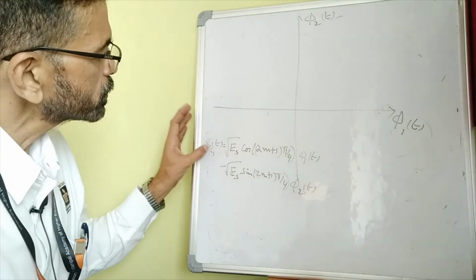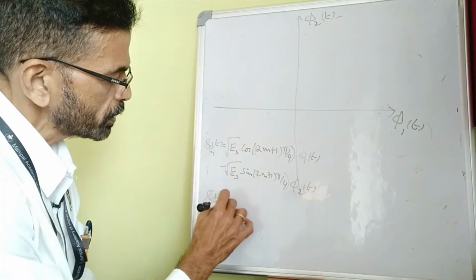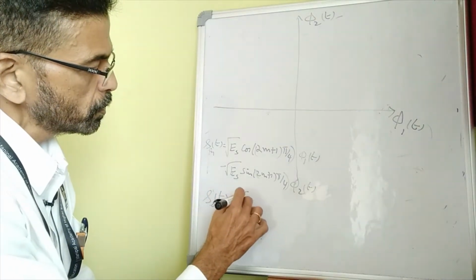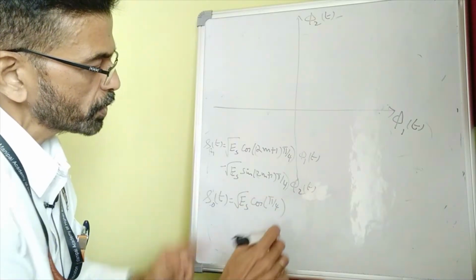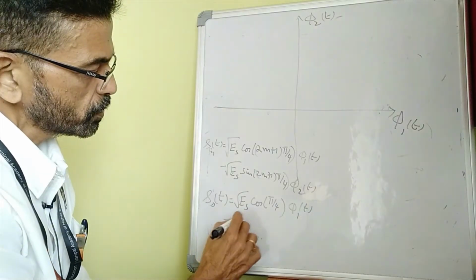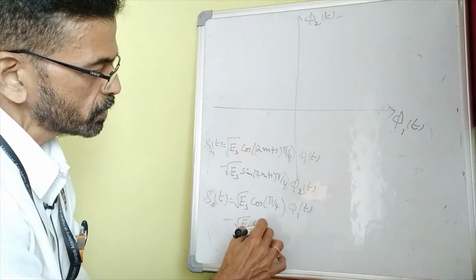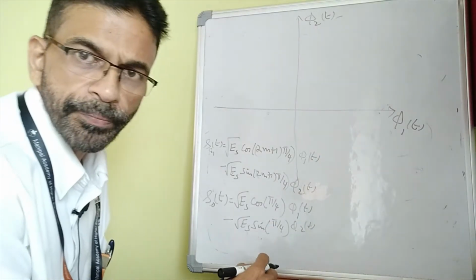So we have the signal S_m(t) like this, which means that S0(t) will be root Es cos π/4 phi 1(t) minus root Es sin π/4 phi 2(t).